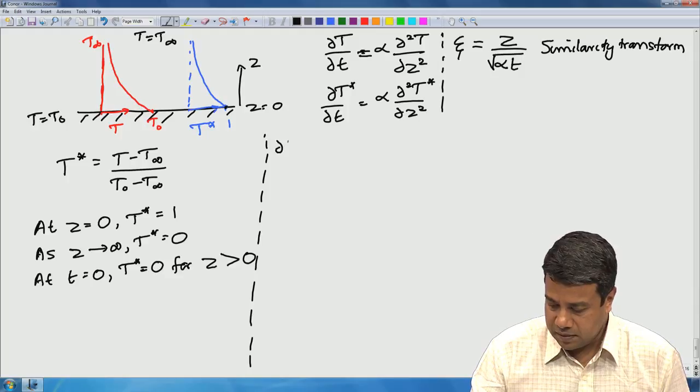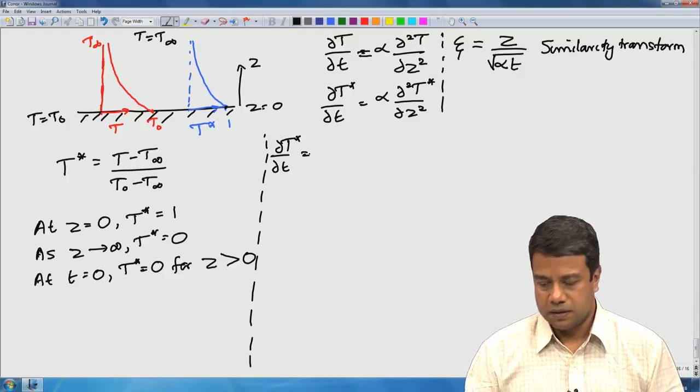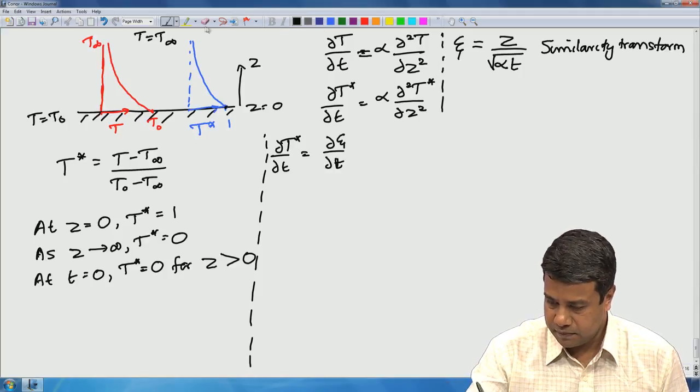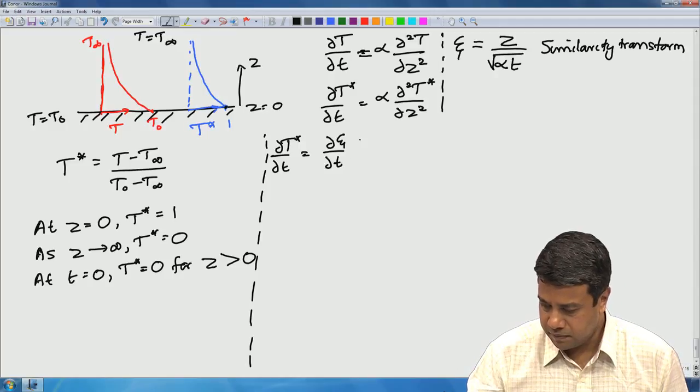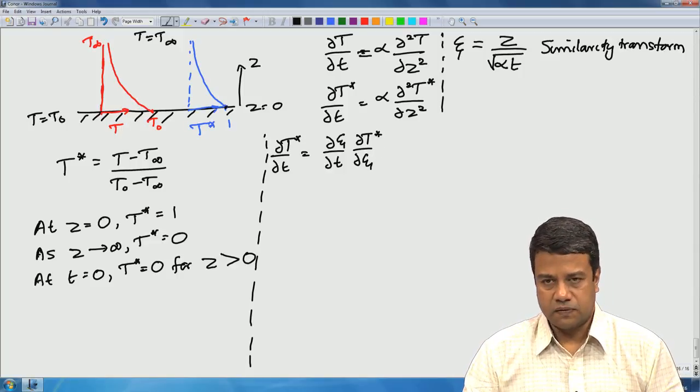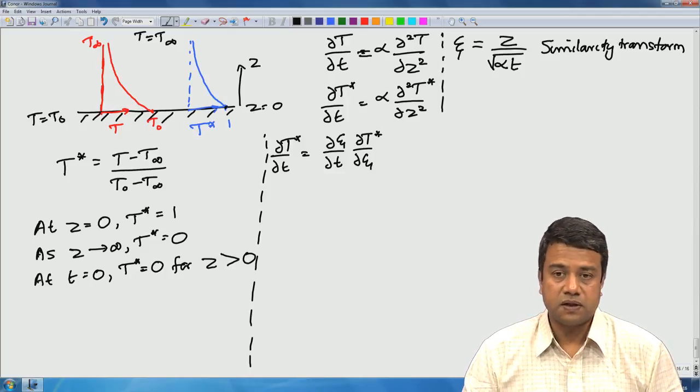I can write partial T by partial t is equal to, using chain rule for differentiation, and my postulate at this point is that T is only a function of psi.